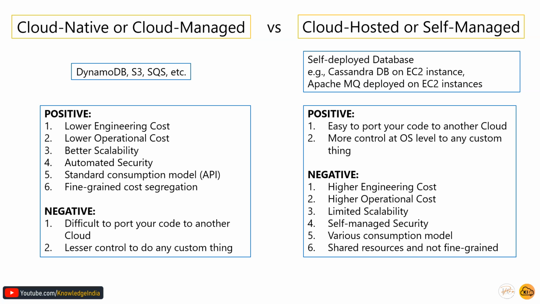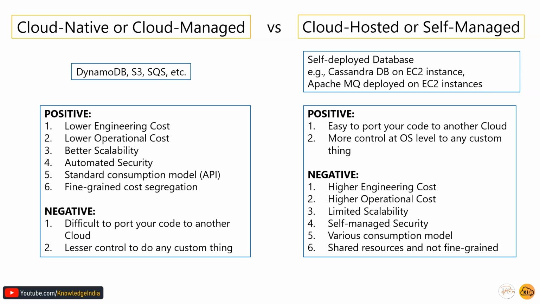It is most of the times quite difficult to figure out which application is using how much. And hence cost segregation becomes difficult. And if you remember, we talked in the last video that FinOps is all about cost attribution to the correct place, right? We want to clearly say where we spent how much money.